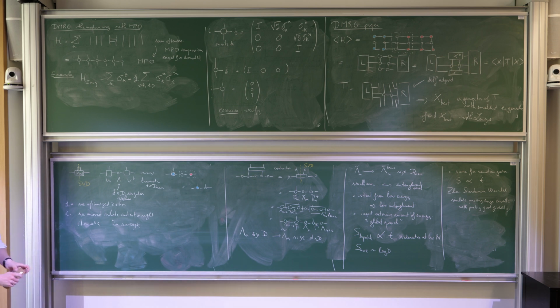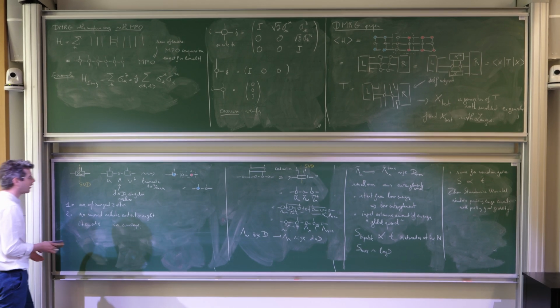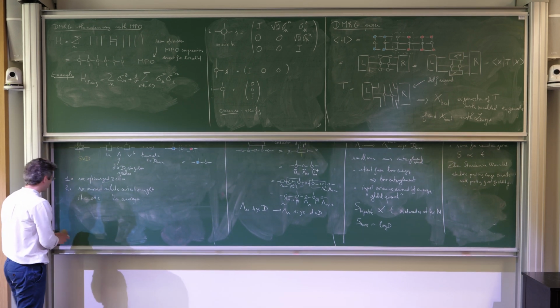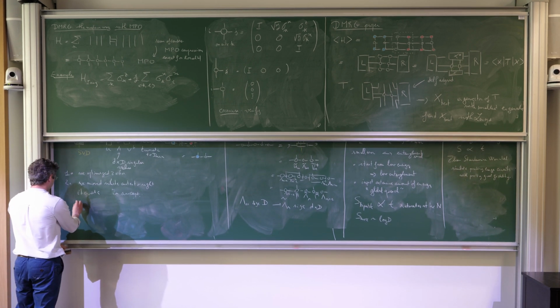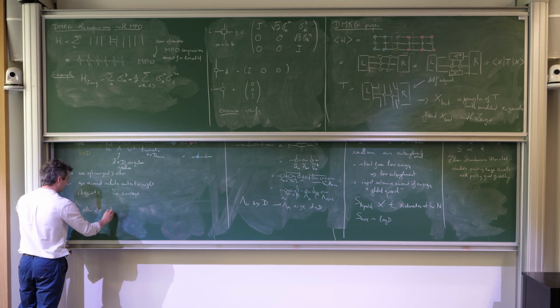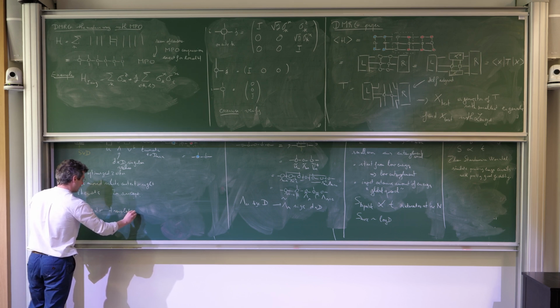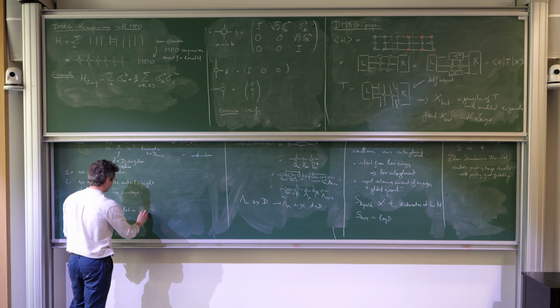So, anyways, the algorithm can be, I should say, also extended in many ways. You see here we are on finite systems and the tensors are in principle different, but you can do translation invariant and have all the tensors the same. It's in a way easier.